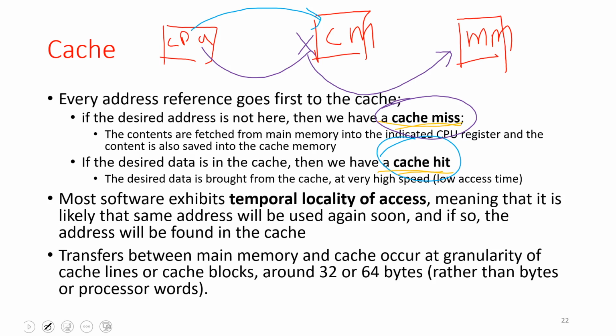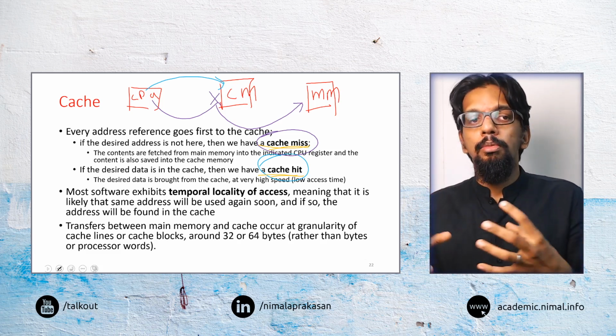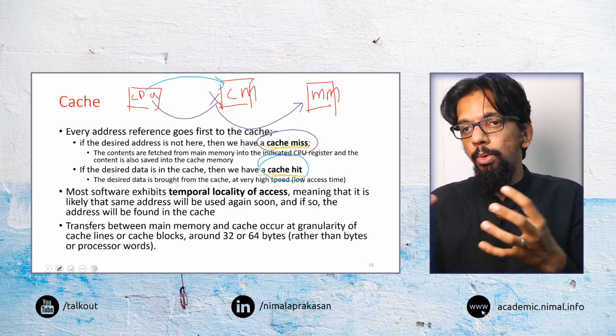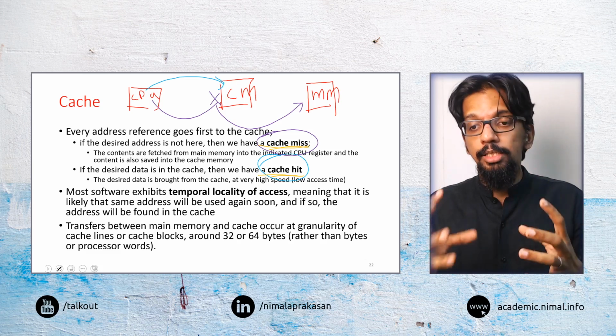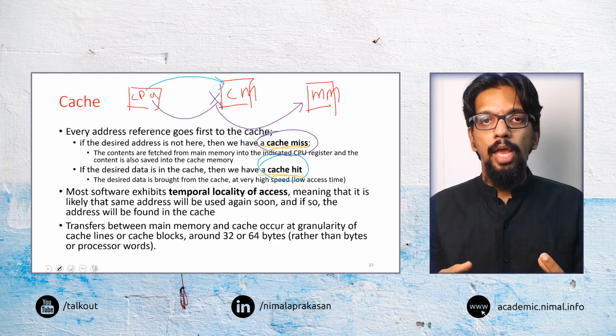So with this understanding, one of the other things to remember is why we are most likely to have cache hits in CPU or between CPUs and caches: it is because of the concept of temporal locality of access.